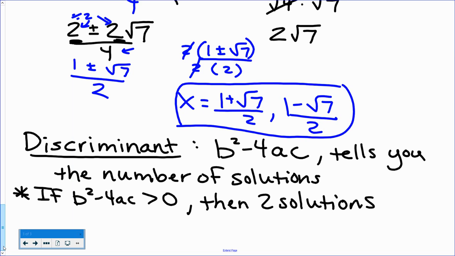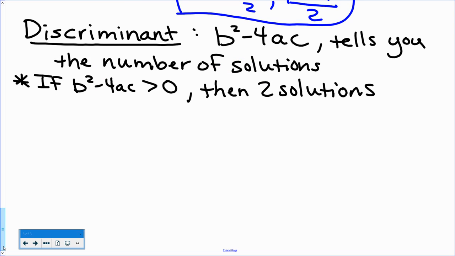So this would mean that you have 2 x-intercepts. So for example, your parabola would cross your graph twice. Okay, so that's visually what's going on.